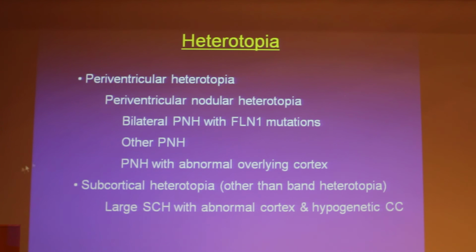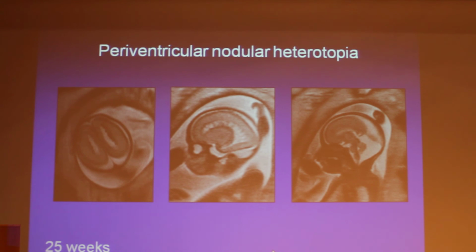Okay? So I'm just going to give you one interesting example of periventricular heterotopia. It was a filamin mutation, but the story was very interesting. This was referred from the north, and actually one of our best sonographers in the north area had sent this woman.